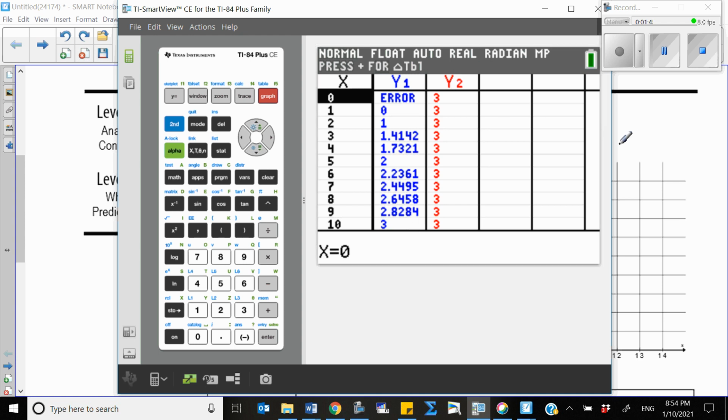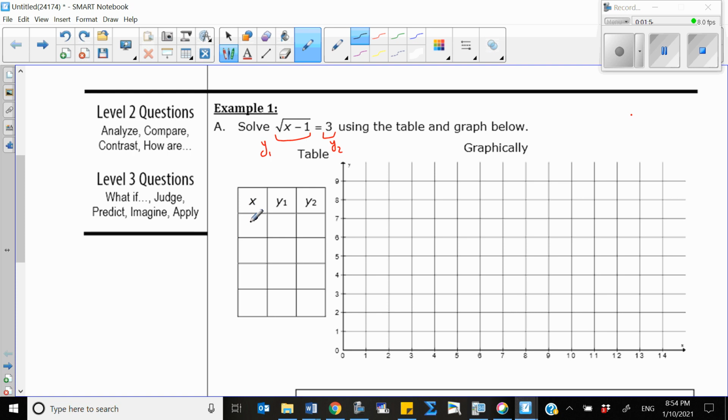So I'm going to write that in the table here, and I'm just going to write the ones that have integer numbers for y1 just because it's easier. So x is 1, 2, 5, and the last one was 10. These values of x gave me integer values for y1: for 1 it was 0, for 2 it was 1, for 5 it was 2, and for 10 it was 3.